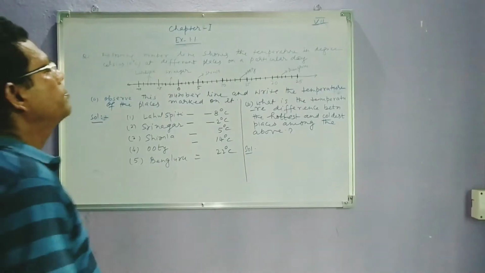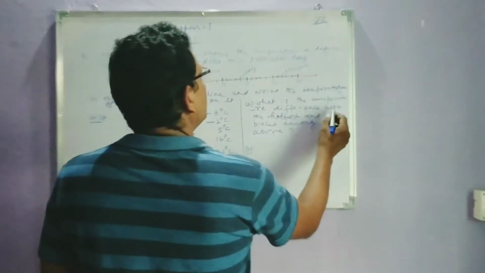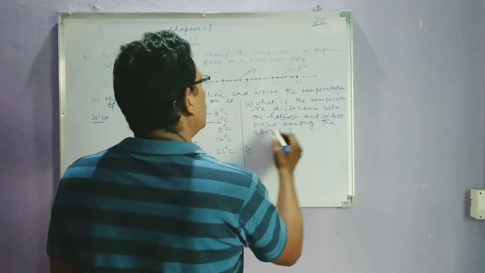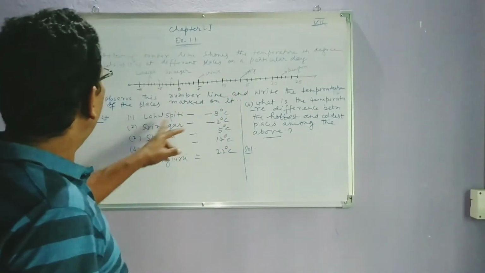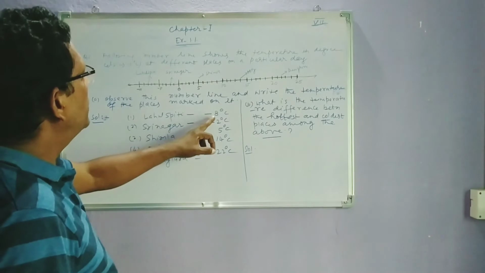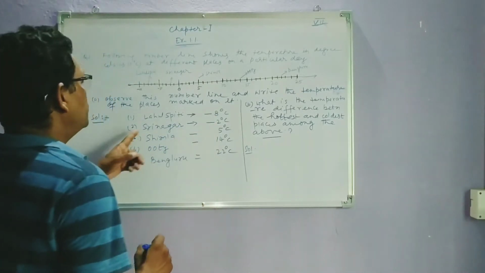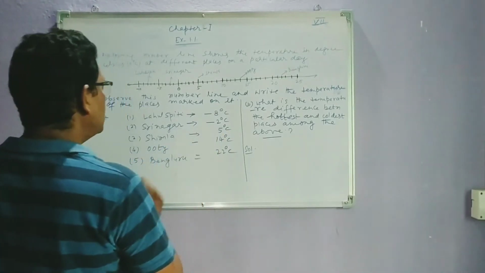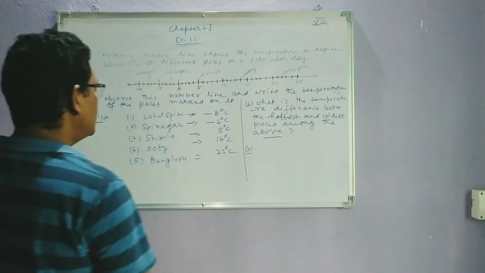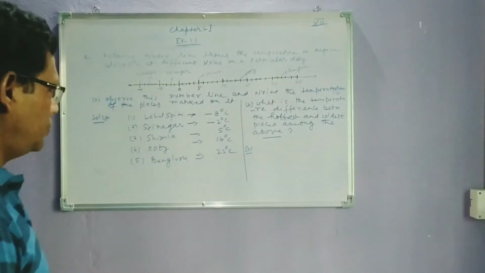Now next question, part B. What is the temperature difference between the hottest and the coldest places among the above? So here Lahaul Spiti -8 degrees Celsius, Srinagar -2 degrees Celsius, Shimla 5 degrees Celsius, Ooty 14 degrees Celsius, Bangalore 22 degrees Celsius.